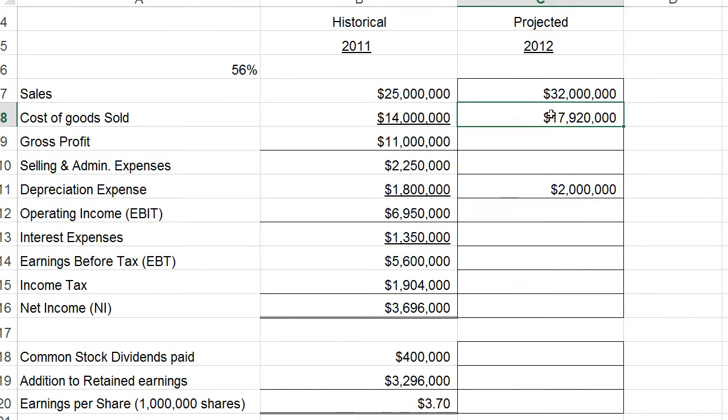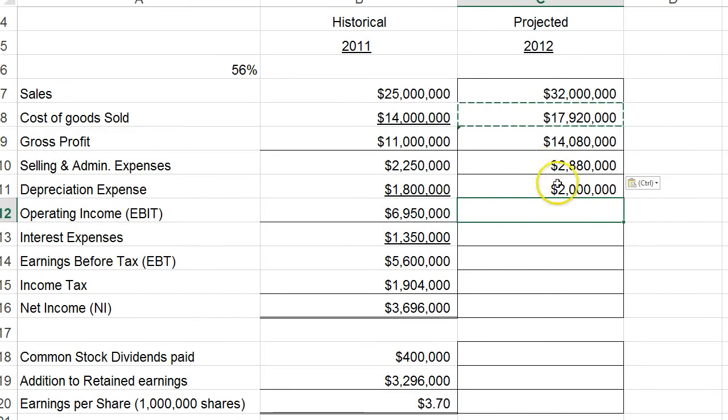Now, gross profit is just an income statement calculation. So it's just sales minus cost of goods sold gives us a gross profit. Selling administration expense, I believe that's going to increase by 28% as well, correct? Okay.